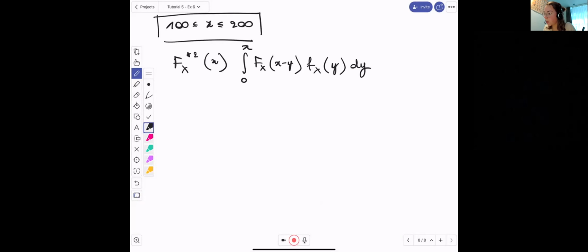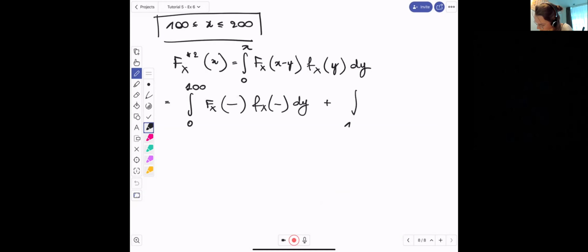Now we know that x is larger than 100, so what we can do is split this integral. We can say it's the integral from 0 to 100, plus the part that's left, the part from 100 to x, over the cumulative distribution times the density function of y, dy.